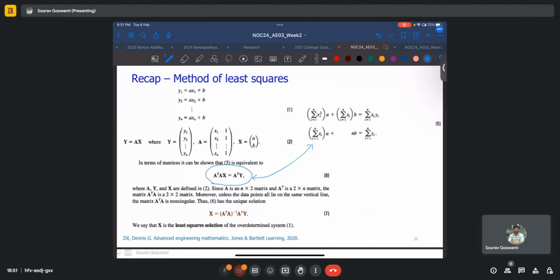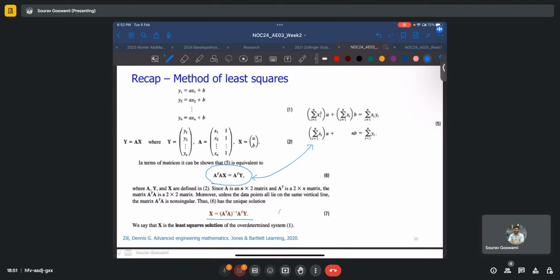Once we arrive at this form, the solution can be found by multiplying the left and right hand sides by the inverse. So (A transpose A) inverse will leave only X on the left-hand side, and the solution is X equals (A transpose A) inverse A transpose Y. X is the least squares solution for the overdetermined system.